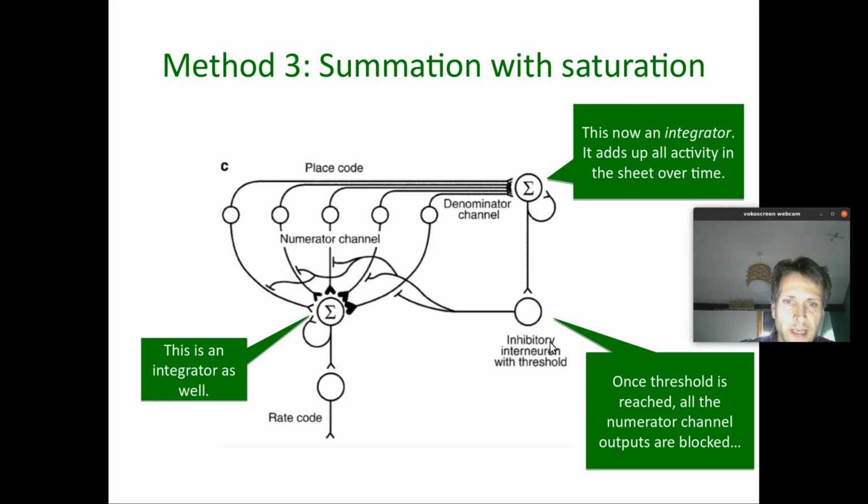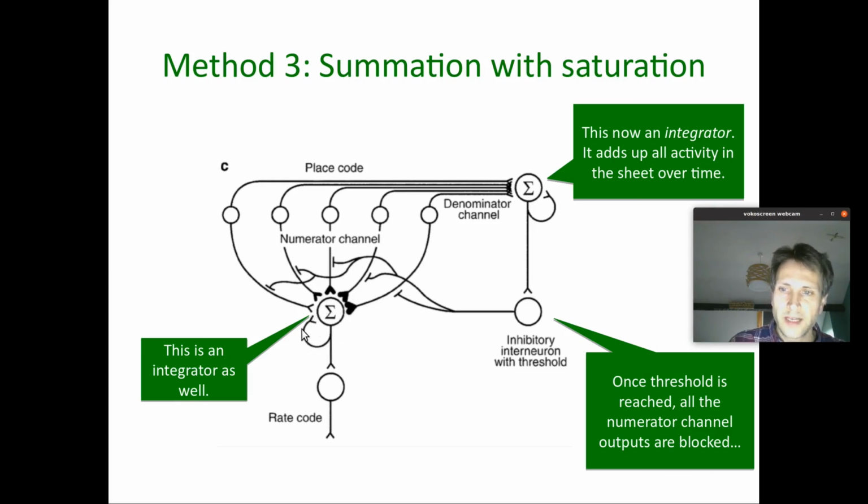We give this a threshold. When the integrator gets to some value, say 10, then this one becomes active and suppresses all of these inputs, essentially suppressing them perfectly. That stops any more activity from the place code feeding into this neuron here.